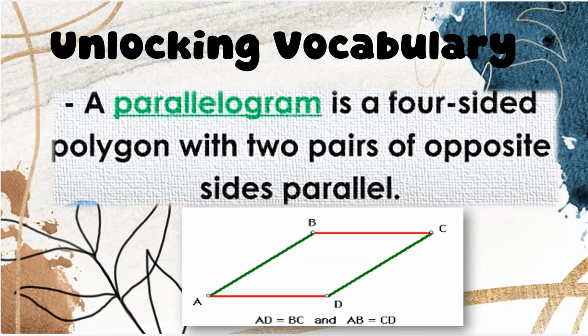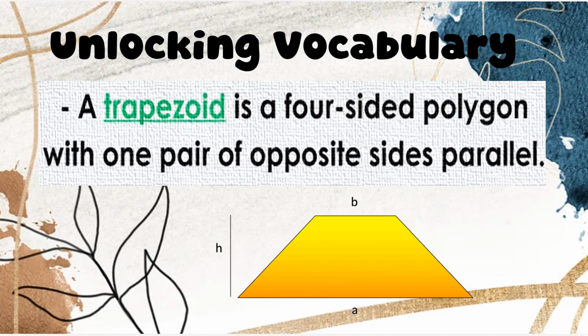A parallelogram is a four-sided polygon with two pairs of opposite sides parallel. So remember that a parallelogram has two pairs. This one, the green, is one pair, and the red one is the second pair. A trapezoid is a four-sided polygon with one pair of opposite sides parallel.